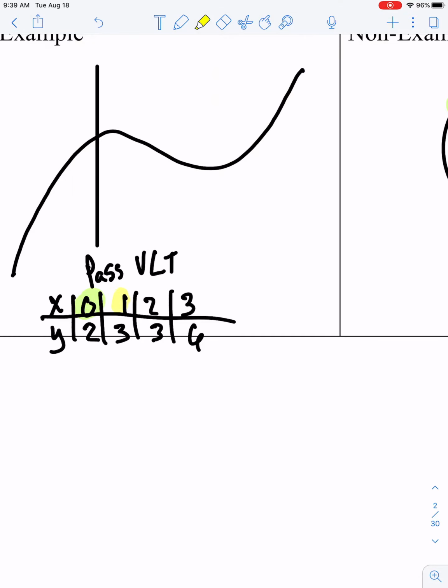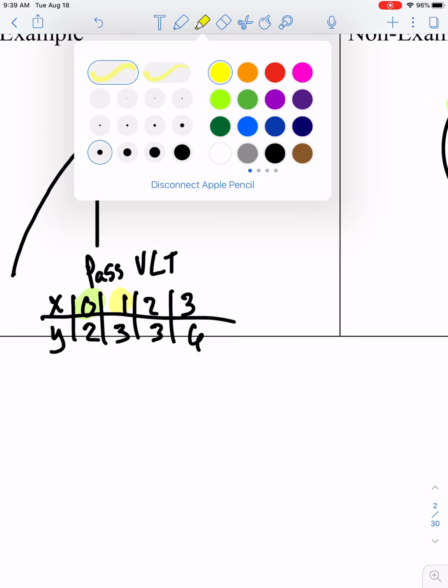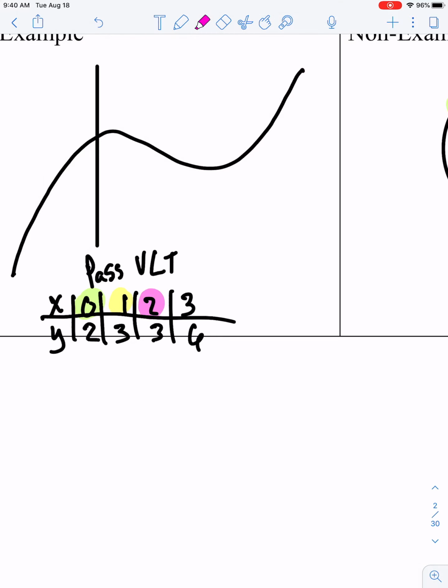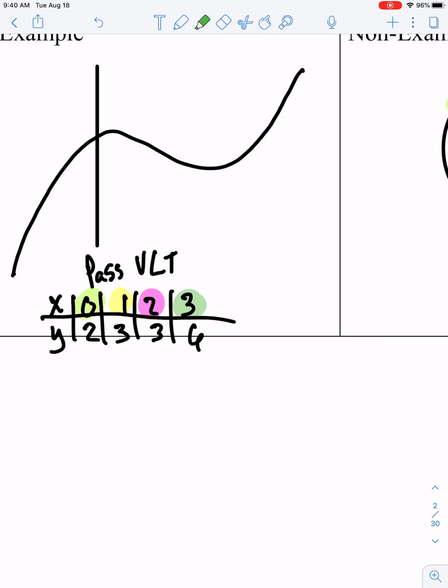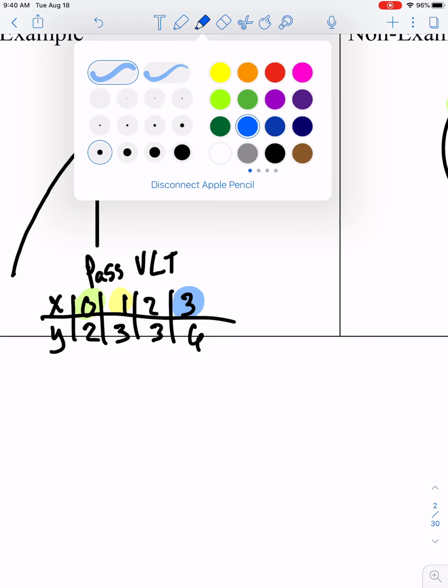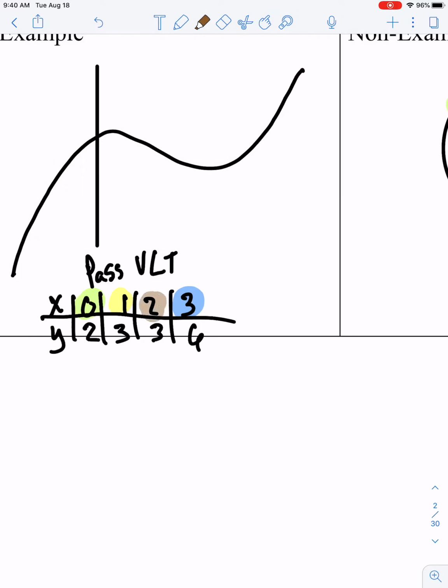I'm going to highlight them, and as long as each is a different color, it's fine. If the color repeats, then I'll know it fails. Again, I don't care about the y values. I'm only concerned with the x values.